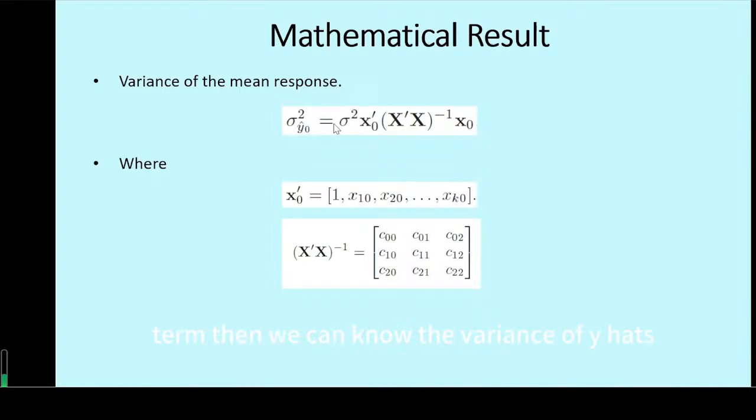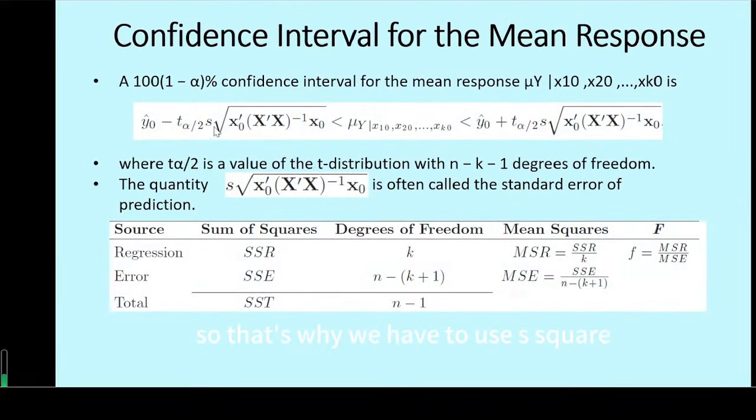If we know this term, then we can know the variance of y hat, so we can construct a confidence interval. But the difficulty is that we never know sigma square, because this is the theoretical epsilon variance. That's why we have to use s square. S is the square root of s square, which is the estimation of sigma square.